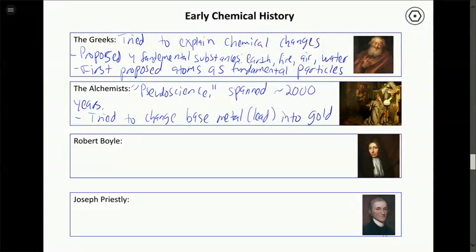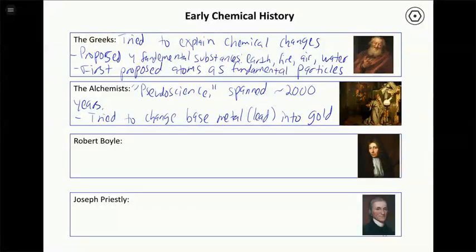So again, this was very much rooted in superstition and folklore, the idea that there has to be a way to do this. And if they had done more careful studies, they would quickly find, well, no, there's not a way to do this. But they were obsessed by that idea, and so that's why we called it pseudoscience. They made some very important observations about substances that we still use today, but it was not a very scientific approach and not one that yielded really any insight into the chemistry.